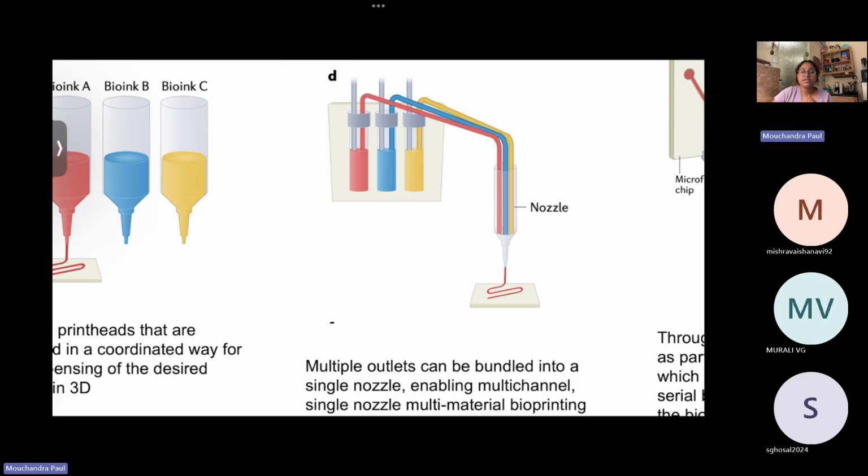Here in this configuration, there are 3 different reservoirs for the biomaterials. Each biomaterial has its own channel, converging into a single outlet.